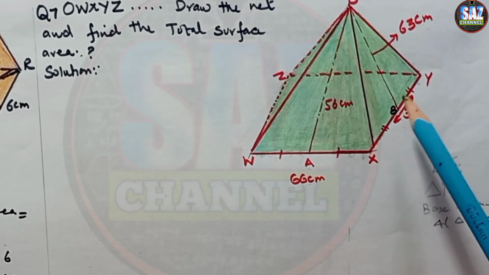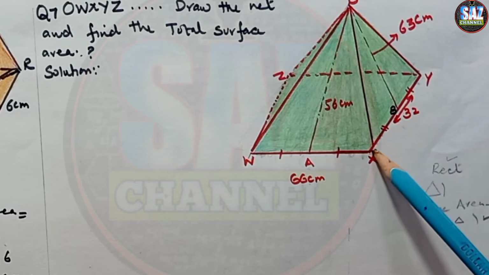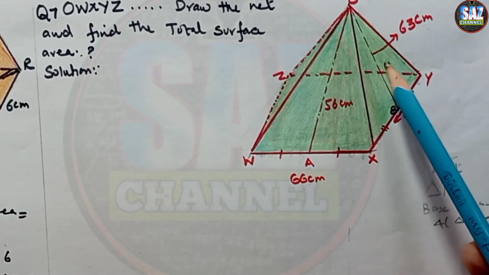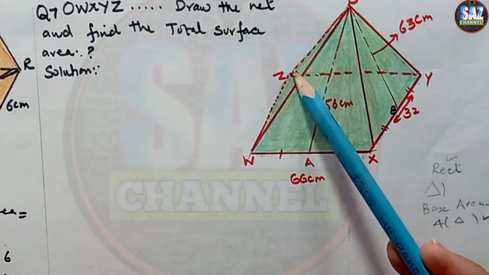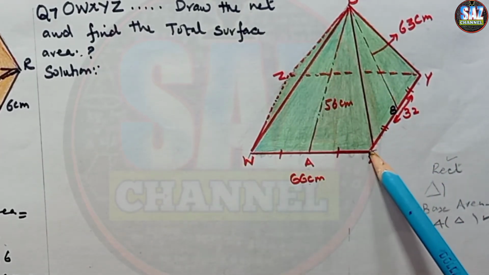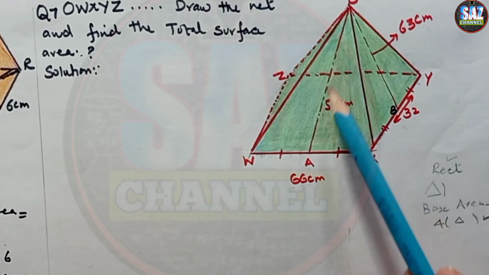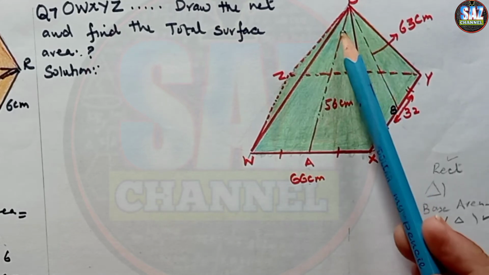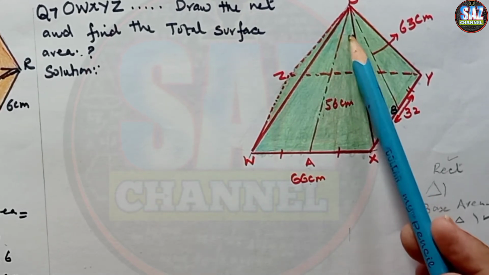identical. You can see that this triangle has a base 32 and height 63 centimeter, and this triangle is identical with the triangle which is on this side, and this triangle has a base 66 centimeter and it has a height 56 centimeter, and same the identical face which is at the back of this pyramid.